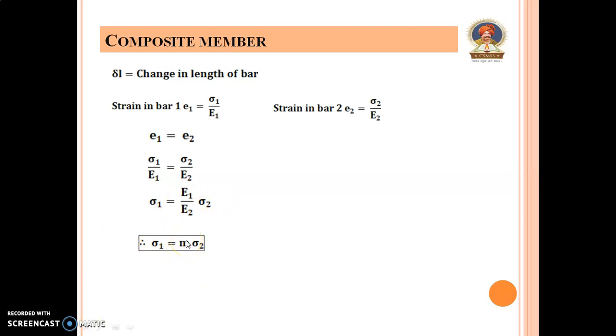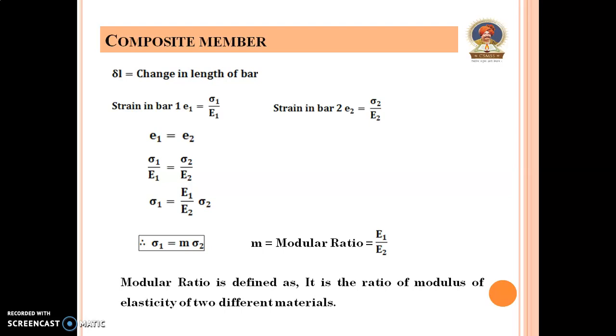So the equation is sigma 1 is equal to M into sigma 2. M is equal to the modular ratio, which is equal to E1 upon E2. So modular ratio is defined as the ratio of modulus of elasticity of two different materials.